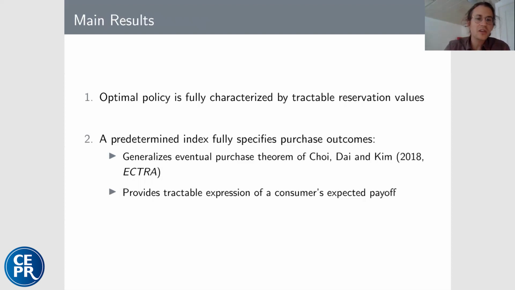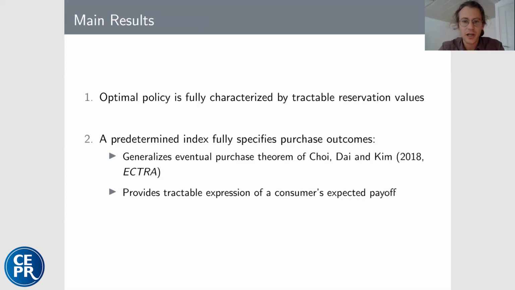And it's useful because it allows us to directly derive aggregate demand for products within this type of search framework. It also leads to an analytical expression of a consumer's expected payoff, which is really helpful once we want to do comparative statics for consumer welfare.